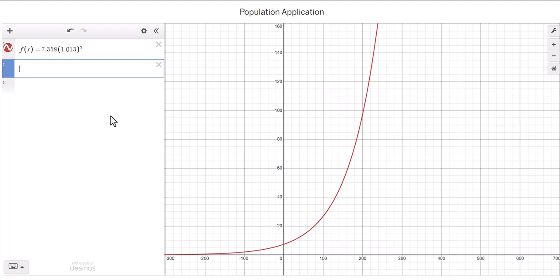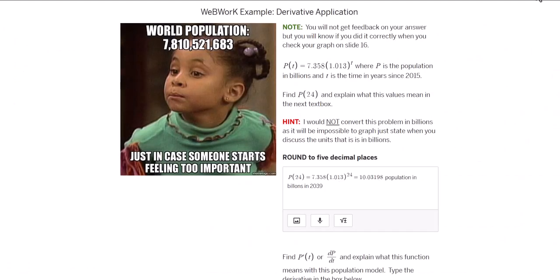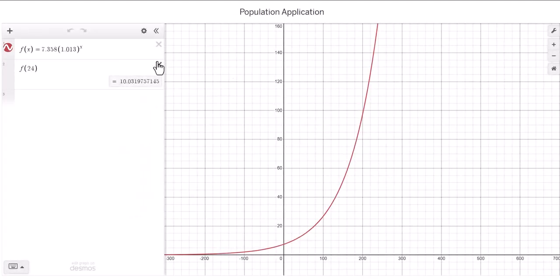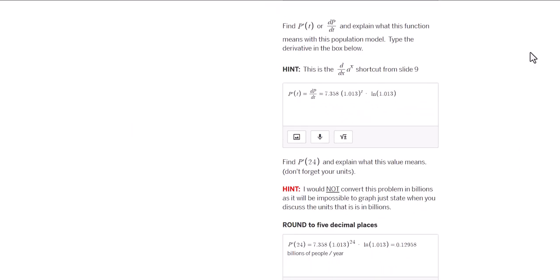And I'll show you something that's cool in Desmos, is you can actually find f of 24. That was this value right here, so it'll find it for you. You can also find f prime of 24, so that was this value that you see right there.